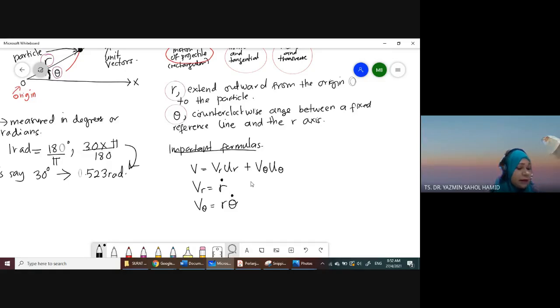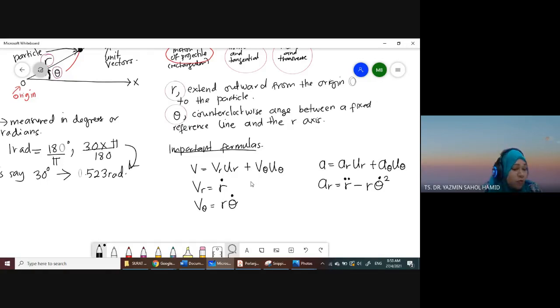And then the other formula for acceleration, which is important: acceleration is AR UR plus A theta U theta. And then AR equals R double dot minus R theta dot squared.